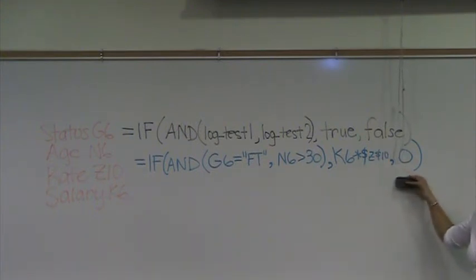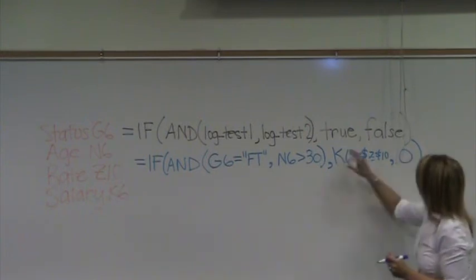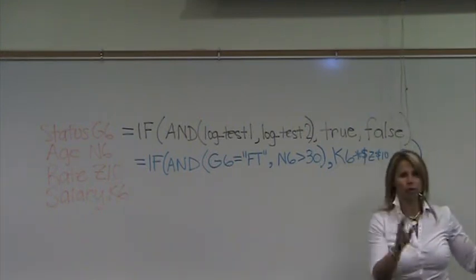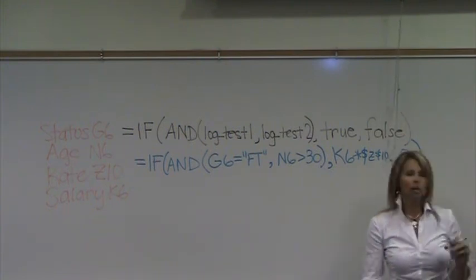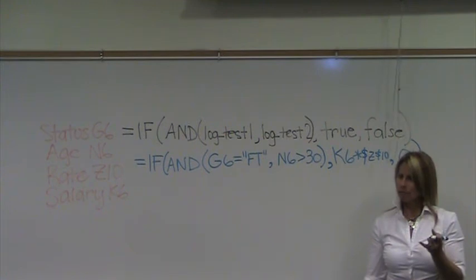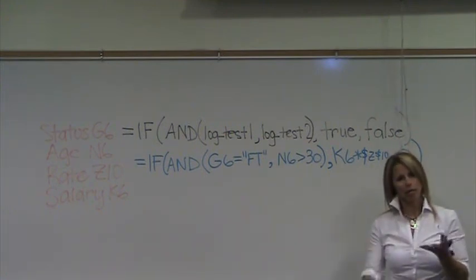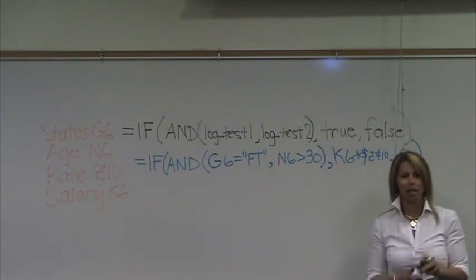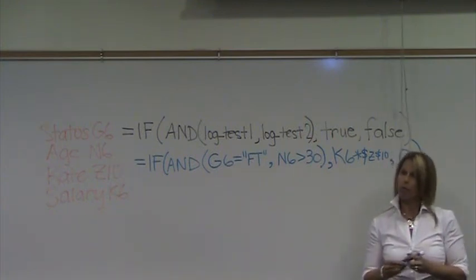Nothing. So if we start from the basic syntax, and remember we wrote out on the board over there in the corner, which the camera can't see, we wrote out what we knew: that the status had to be full-time, the age had to be over 30, how to calculate the 401k benefit and what they got if they weren't eligible.